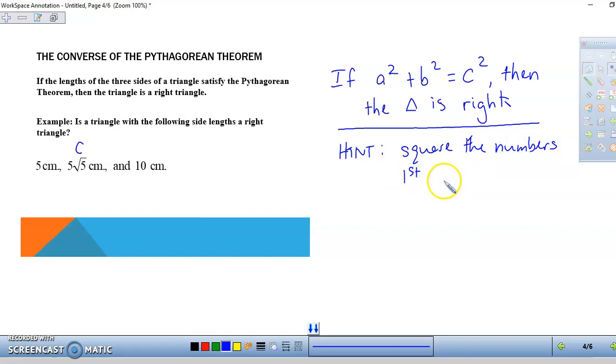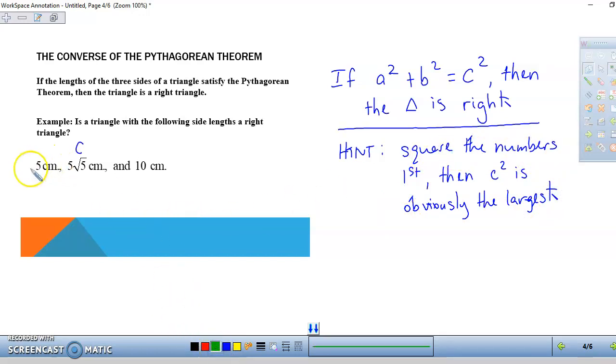Because that'll always get you whole numbers. So then c squared is obviously the biggest, or the largest, however you want to say it. Okay, so I would square all the numbers first.